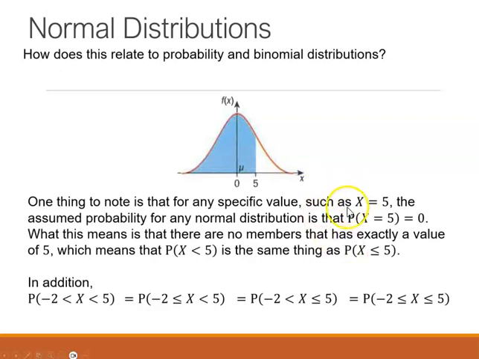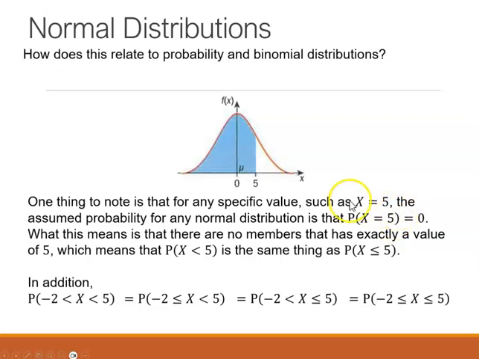So if we think about it again as the probability of being area under the curve, if I have just one number, the area or the drawing under the curve is just going to be a straight line that has no area, right? If you think back to geometry, a straight line has no area to it because it's a one-dimensional figure.